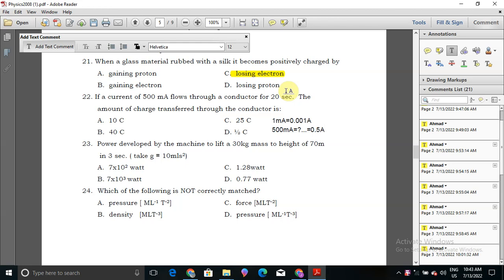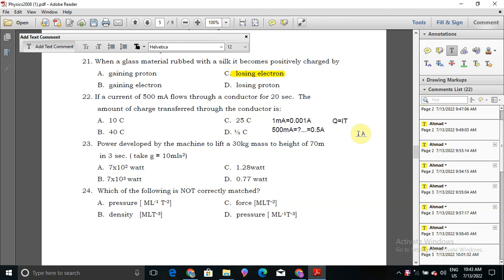Okay, after finding the current and we have the time, which is 20 seconds, we can now find Q. Why? Because the formula, it is what? Q is equal to I times T, right?